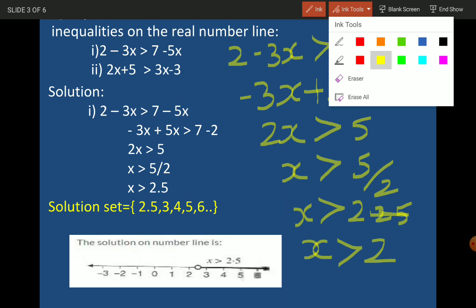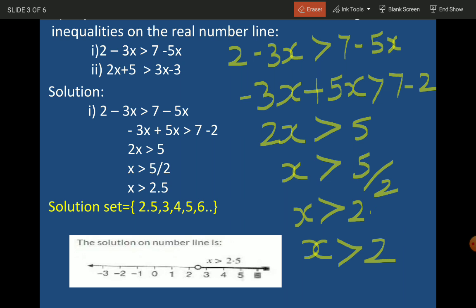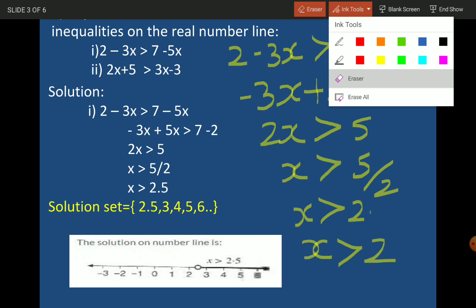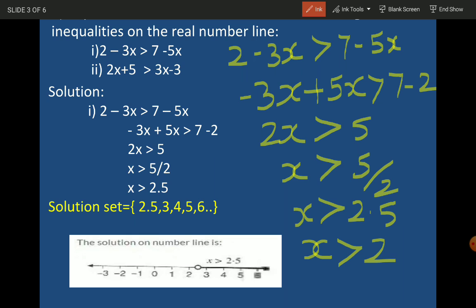Sorry, here it's 2.5. So 2.5 is nearer to x greater than 2. So we start from 2.5, 3, 4, 5, 6. That means values greater than 2, bigger values. So we write 2.5, 3, 4, 5, 6, etc.